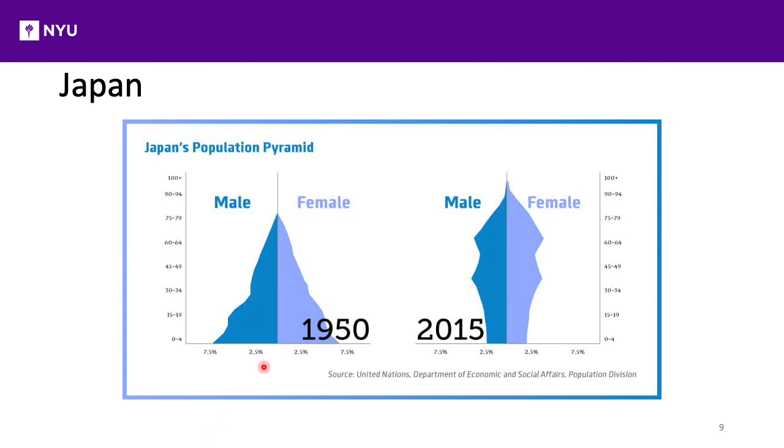The TED video had a very illuminating discussion on the population pyramid of Japan. We can see two population pyramids here for Japan, one from 1950 and one from 2015. As we can see, the 1950 population pyramid for Japan shows that the majority of the population were either in the pre-reproductive phase or in the reproductive phase.